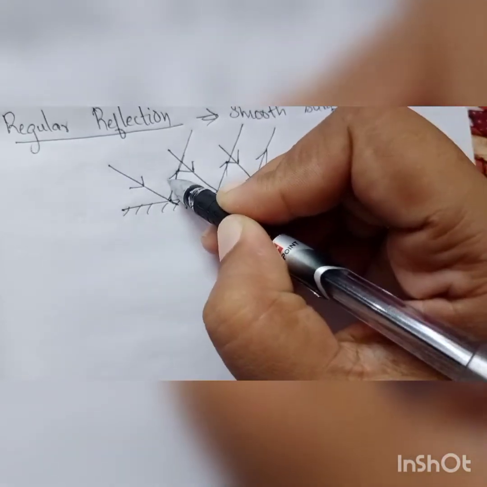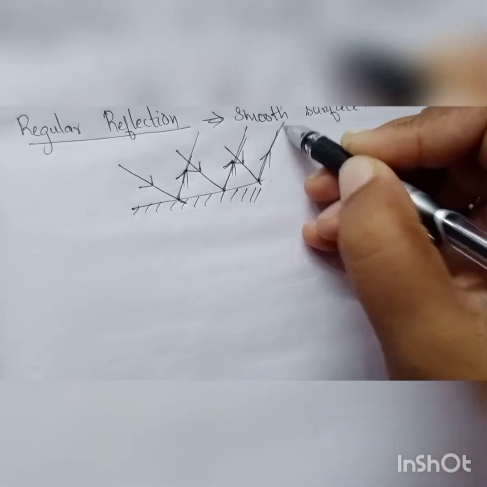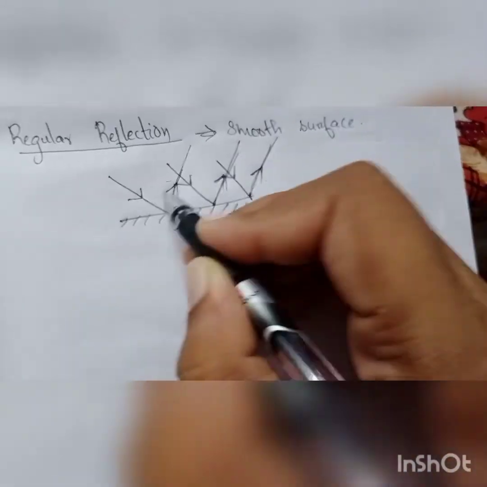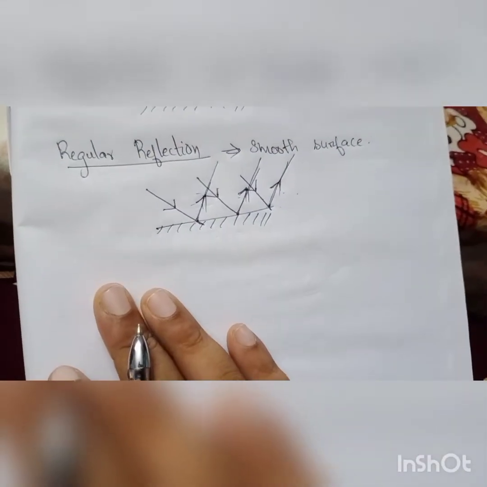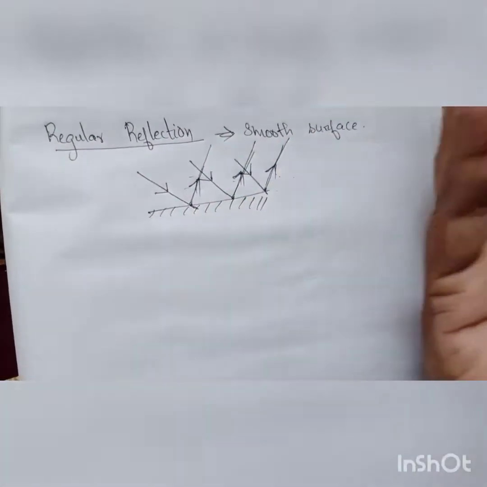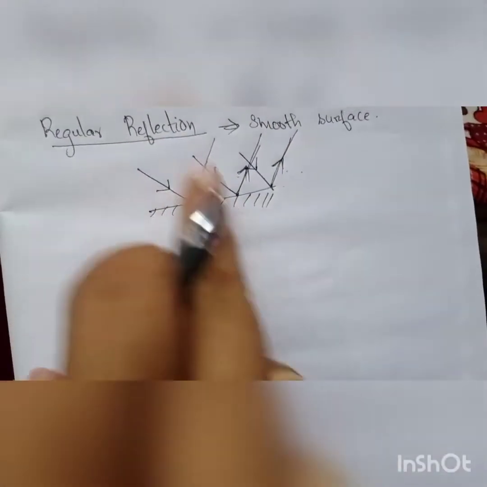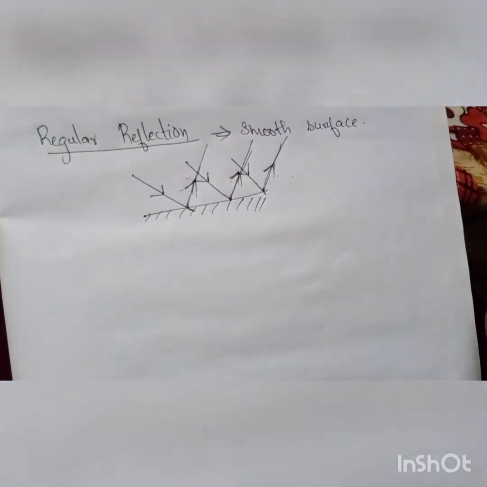Similarly, the reflected rays are also reflected back parallel, right? These three lines are parallel to each other. So this is what is called regular reflection. Regular reflection means the parallel beam of light which falls on the surface gets reflected parallel to each other.